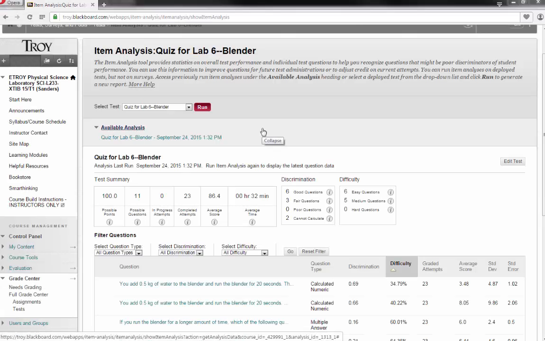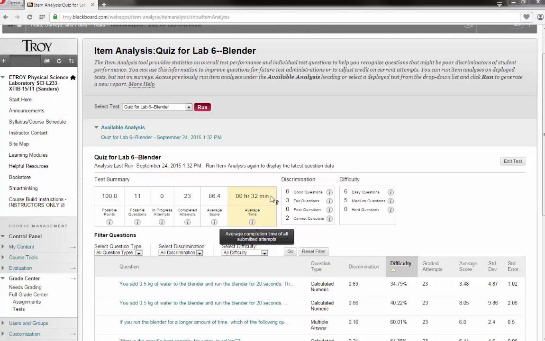So this thing says that on average people are spending 32 minutes doing the quiz. Looks like the average score on this quiz was an 86, so I guess good work, guys. That's kind of an A- in this class. And I guess that makes sense. I mean, there's 6 easy questions and 5 medium difficulty questions on there.